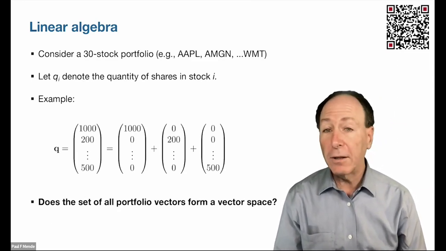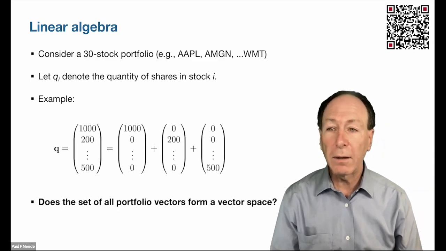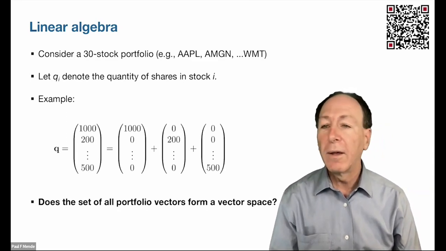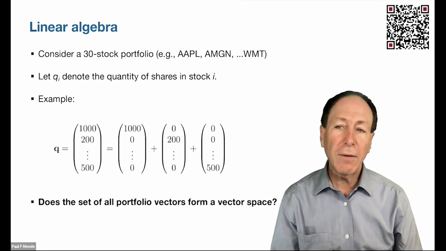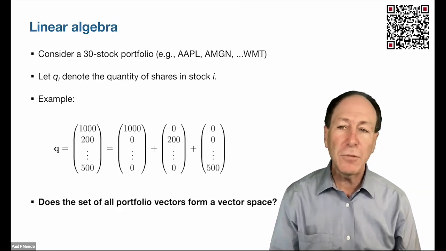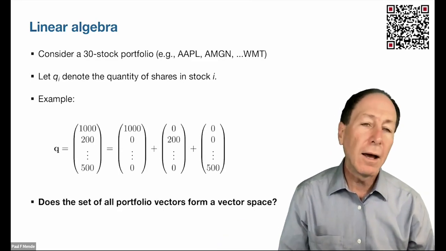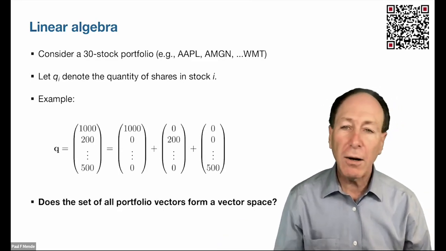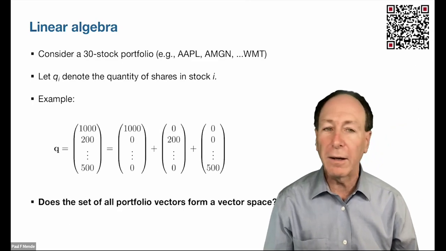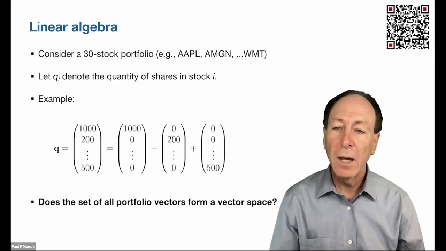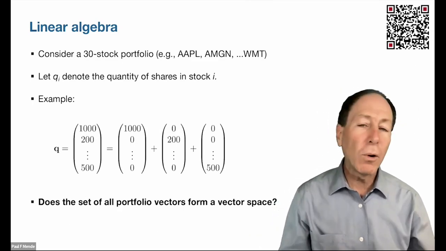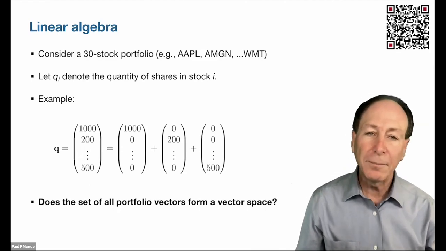And this obeys the usual rules of linearity, namely that the number of shares you have of Apple plus the number of shares you have in Amgen, you can put into a portfolio, and it's the sum of the two parts. And a portfolio with 100 shares is 100 times more valuable than a portfolio that has one share. So does the set of all portfolio vectors form a vector space?